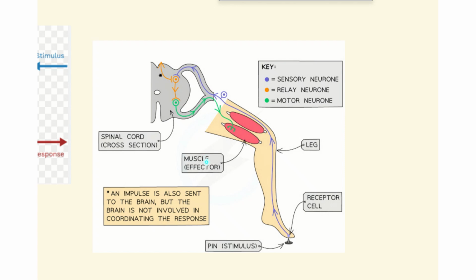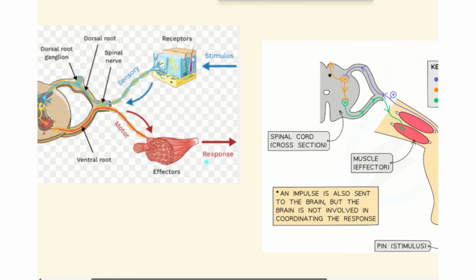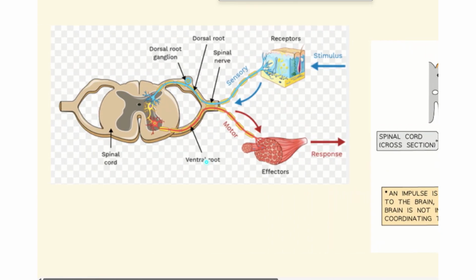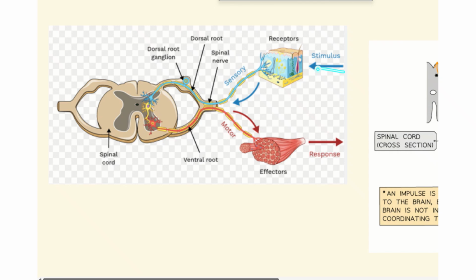I want to just add something to this now. Let's just take that cross section of the spine and look at it in a bit more depth. We've still got our stimulus coming in, being detected by our receptors, and an impulse initiated and being taken towards our central nervous system by a sensory neuron.